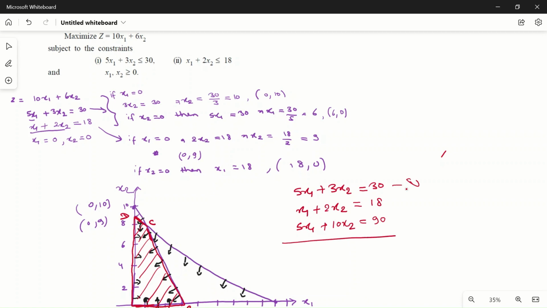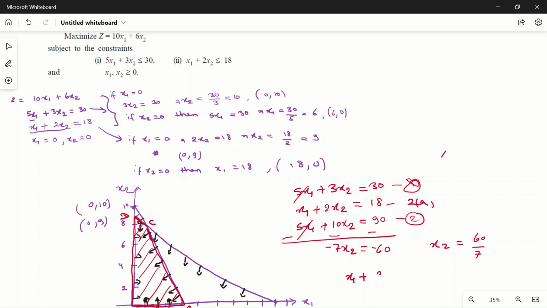Subtracting, 5x1 minus 5x1 is 0, and 3x2 minus 10x2 is minus 7x2, equal to 30 minus 90, which is minus 60. So x2 is 60 by 7.